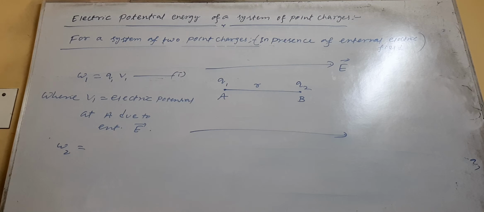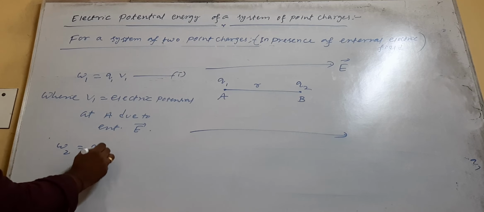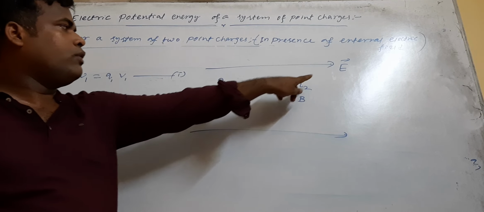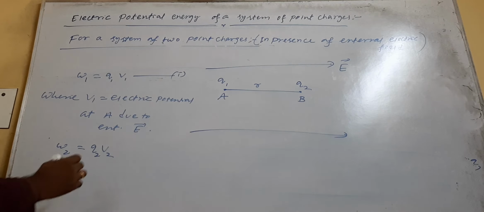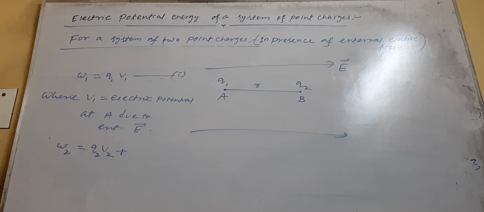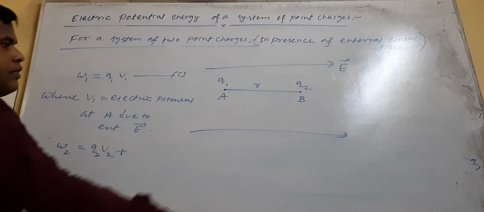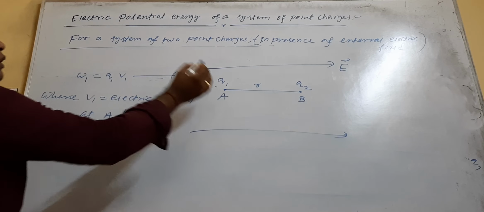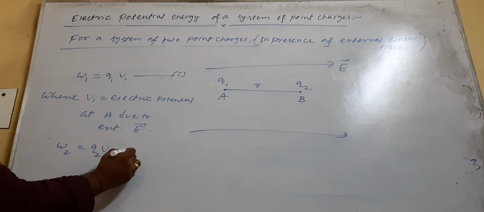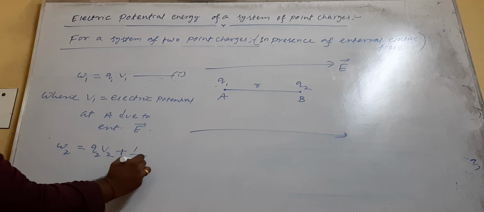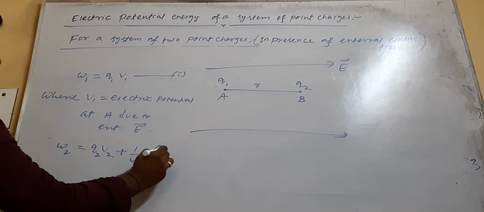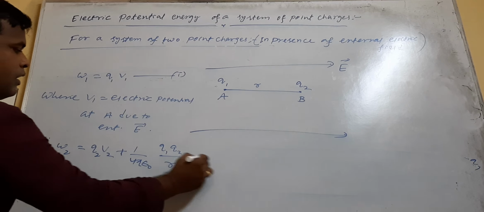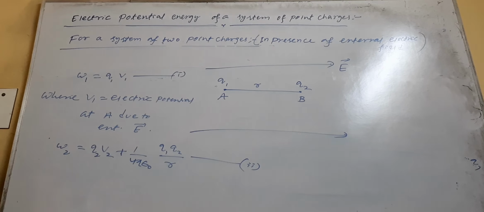That is, W2 is equal to Q2 V2, where V2 is the electric potential at B due to the external electric field, plus the work done against the electrostatic force due to this charge, that is 1 by 4 pi epsilon 0 Q1 Q2 divided by R. Already we have derived this.